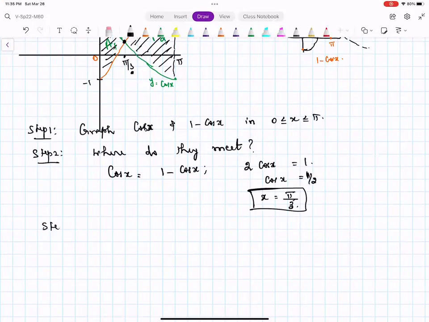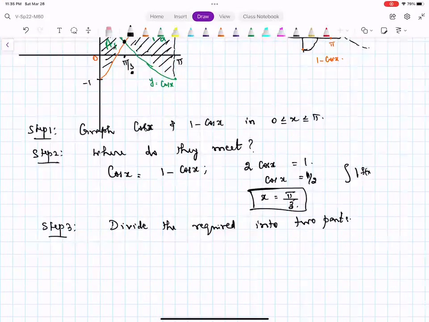Then step 3, divide the required area into two parts. What we are doing in this problem is taking the integral of the absolute value of f of x minus g of x.